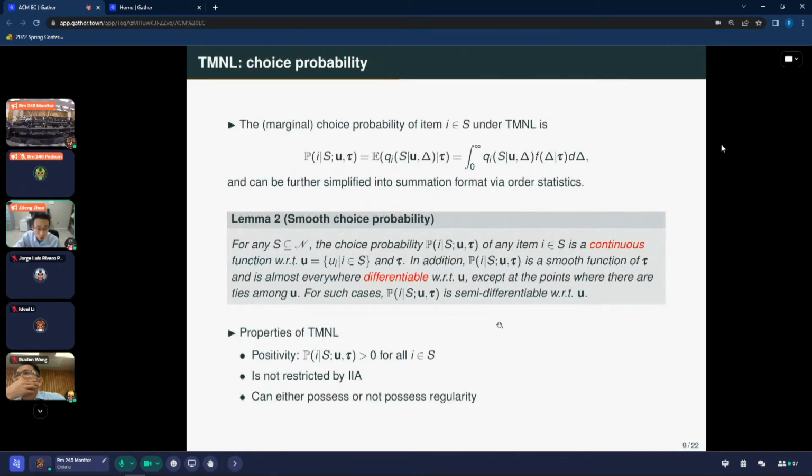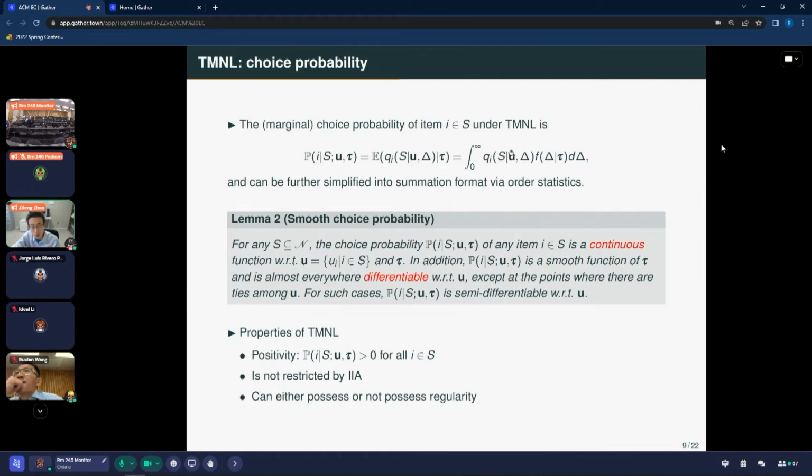And more importantly, I have this following lemma. Under the TMNL model, the choice probability of item I in an offer set we can write as the integral form here. Because this delta is random, I take a further expectation over this delta, and you'll find that it's very simple. It takes this form here, this QI.